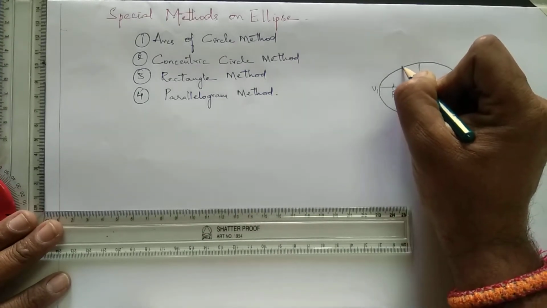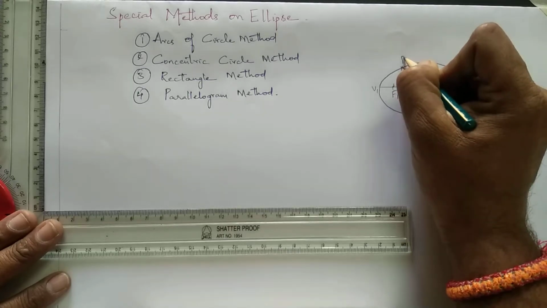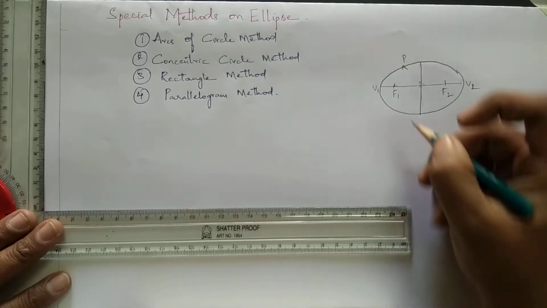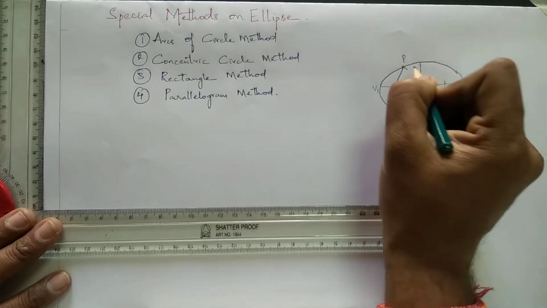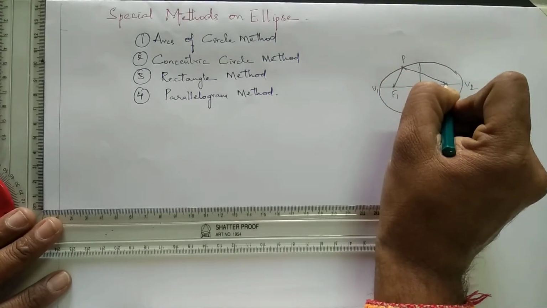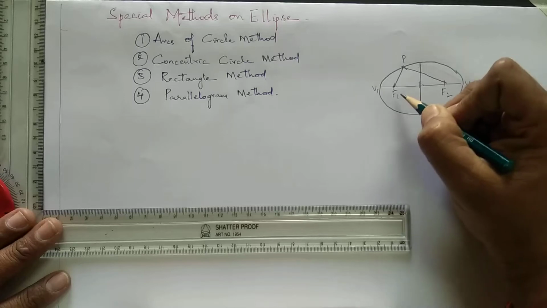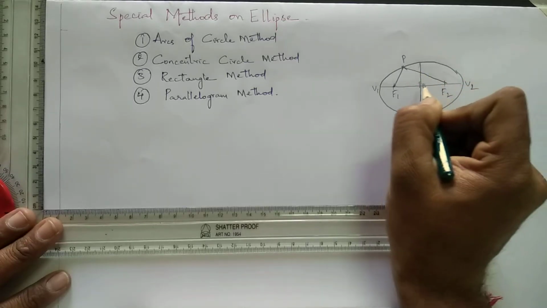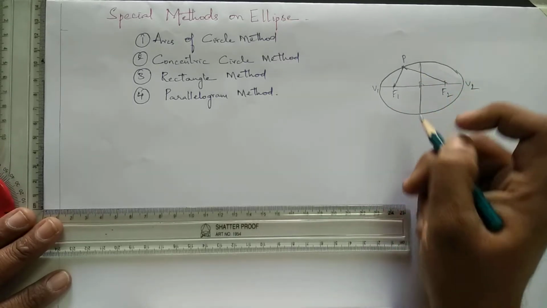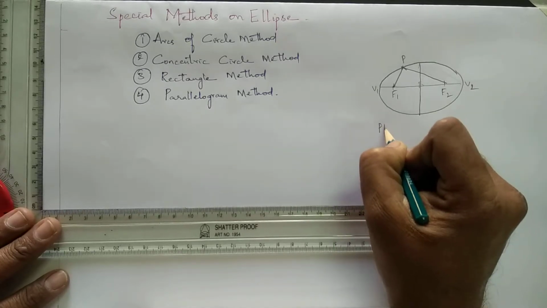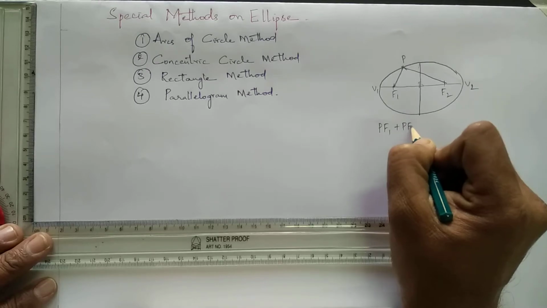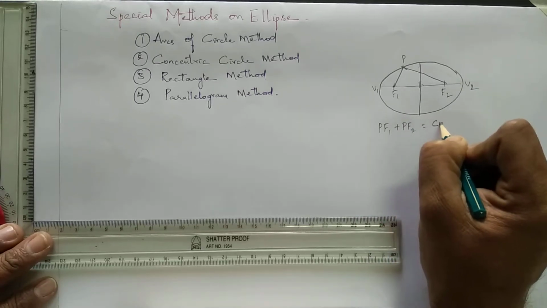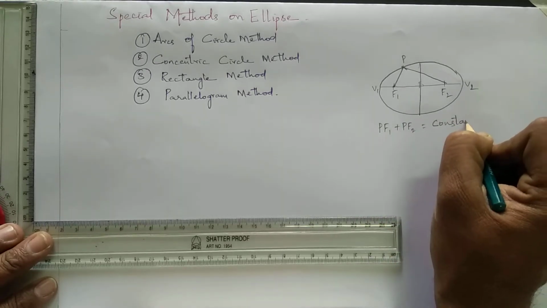Let me assume this is the point P over here. Joining PF1 and joining PF2, wherever the point is, PF1 is a shorter distance and PF2 is a longer distance. But when you add these two, PF1 plus PF2, that will be equal to a constant.